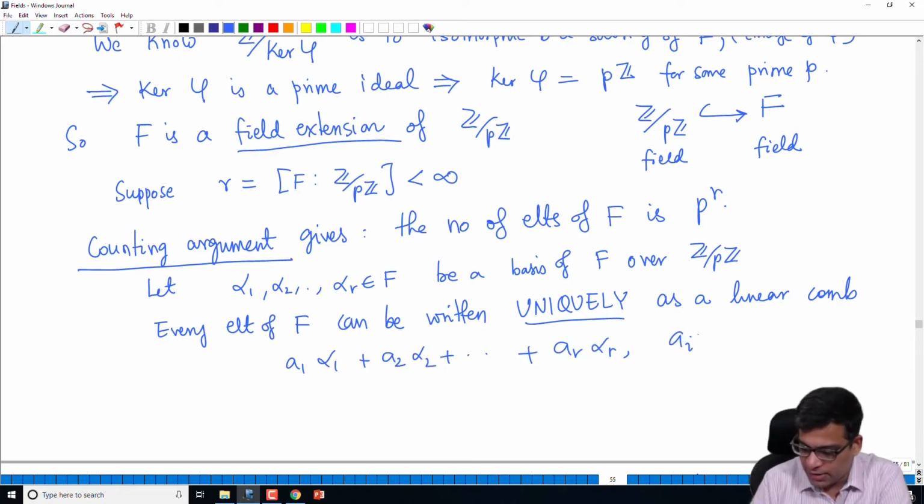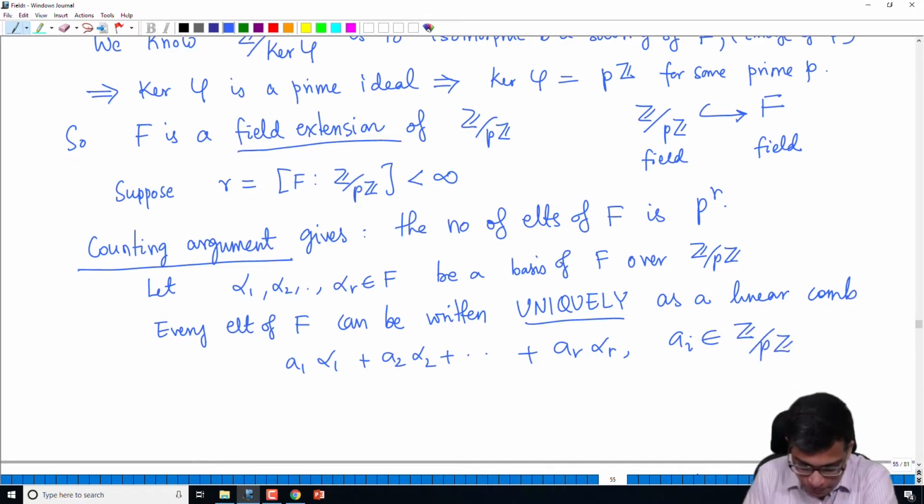And where a_i's are in Z mod pZ. Now this is where the counting comes in. So essentially the choices come from how many choices we have for a1. So these are p choices, right? Because a1 can be any of the p elements of Z mod pZ. Similarly, you have p choices here.